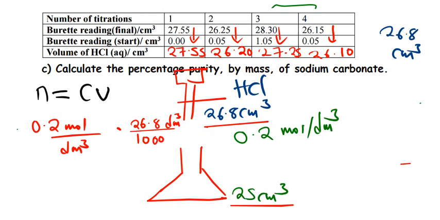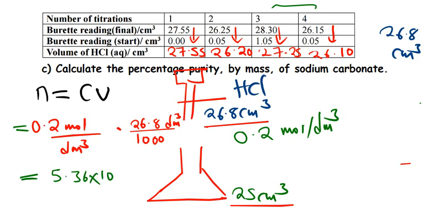So the number of moles: 26.8 divided by 1,000 and then multiplied by 0.2. That gives us 5.36 times 10 to the power negative 3.